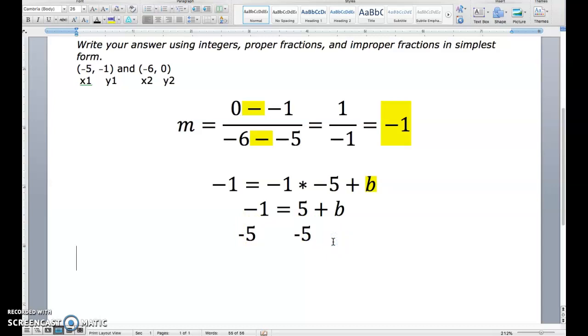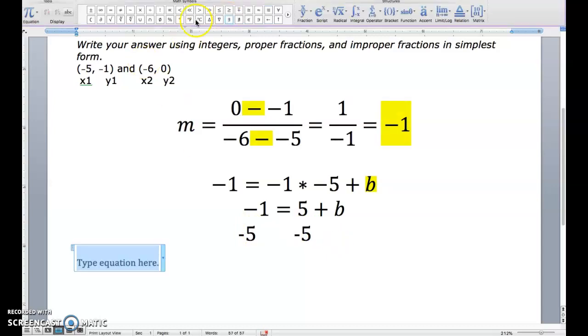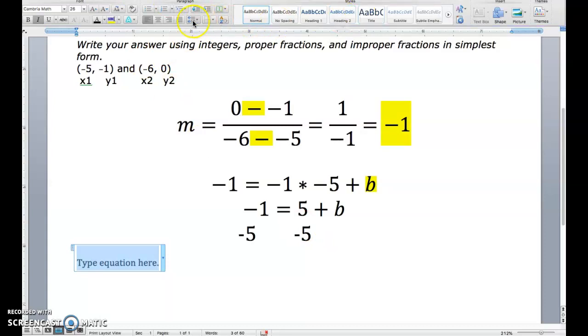So when I do that, I should get -1 minus 5. You can put that in your calculator if you want. It's -6. Equals 5 minus 5 is 0, so I'm not going to bother writing that. And then I bring down b. There. I found the other important result: b is -6.